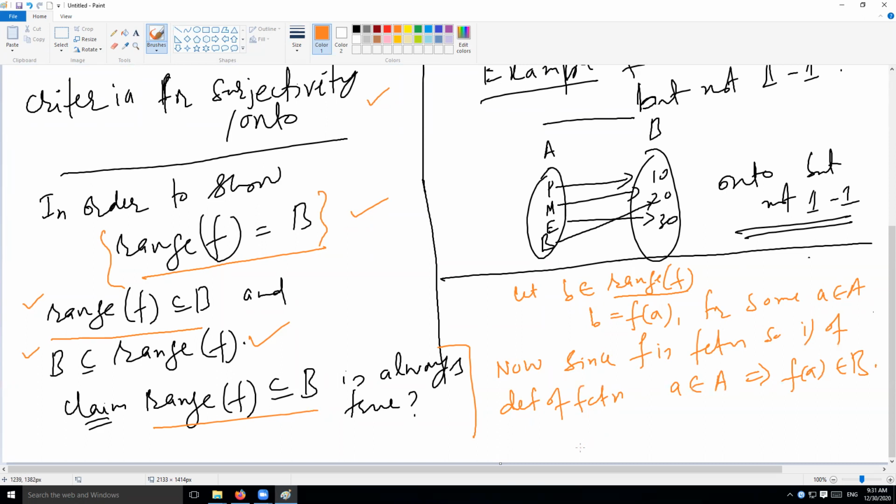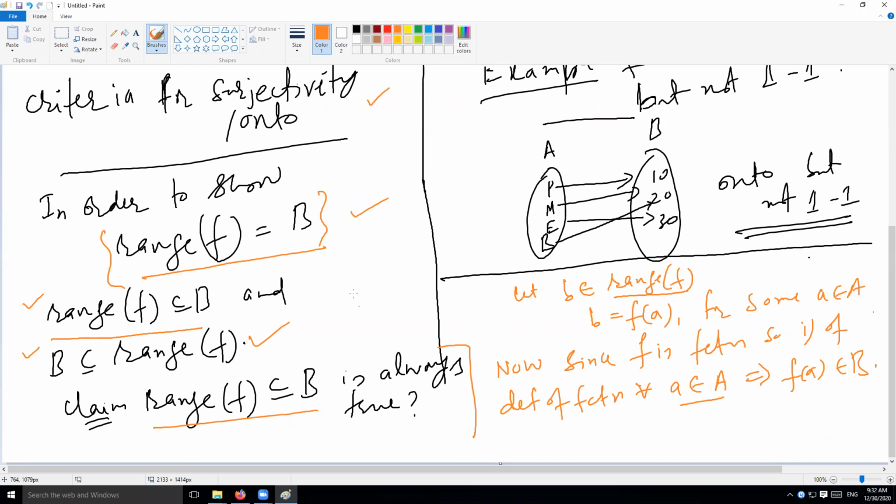Do you agree with me? That for every a from the domain, its image must belong to B.